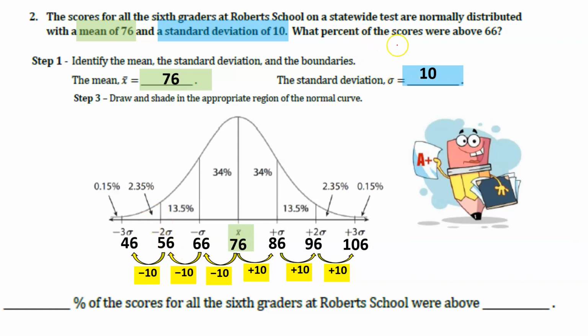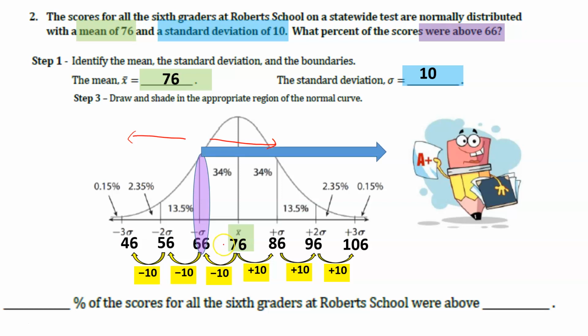Because we're asking what percent of the scores are above 66. So go ahead right now and circle where 66 is. Scores that are above, would that be this side or this side? That would be that side. So we're going to add up all those numbers. Go ahead and take a moment to do that. And unpause, that would be 84. 84% of the scores of all sixth graders at Robert's school were above 66.